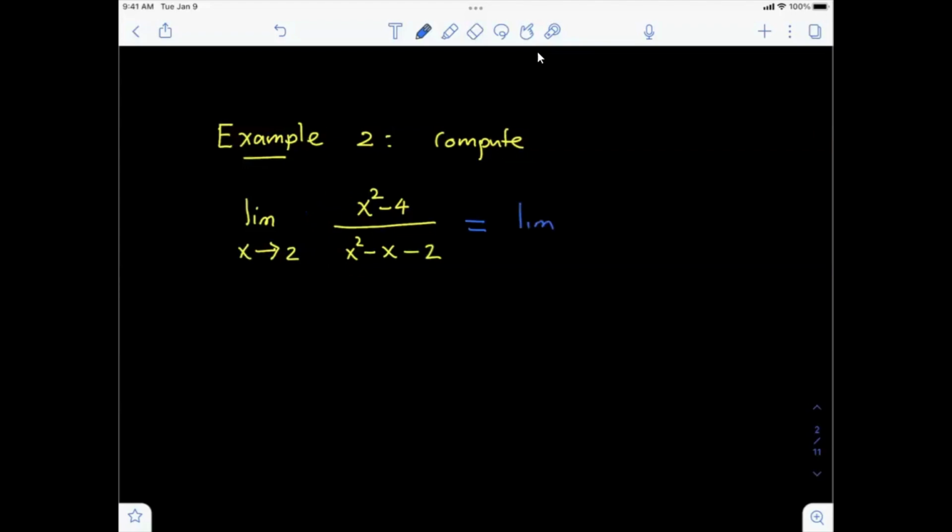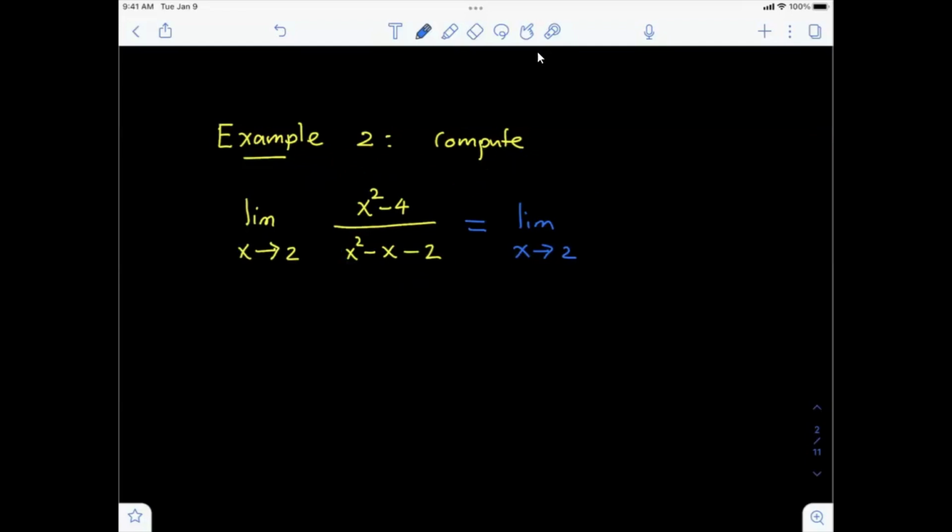So now this is what we are going to do. Let's do the computation. When x goes to 2, I'm going to hold the computation. Do you see what I'm doing? I write that limit. I just transfer that expression to the next step, and I will hold it until I simplify this expression enough.